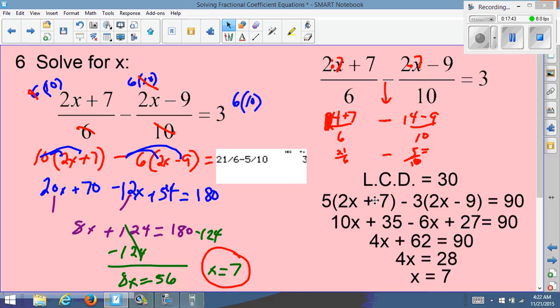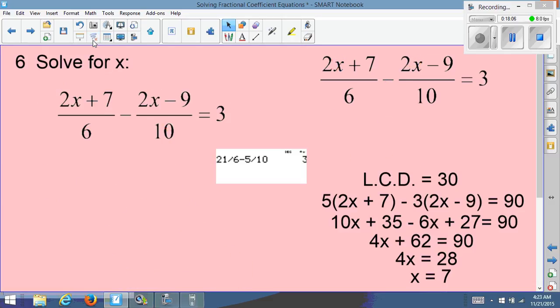So when we use 30 as our L.C.D, we end up with 5 times 2x plus 7 minus 3 times 2x minus 9. That's because it canceled out so much nicer, and I'll show that real quick. So let's clear this mess.